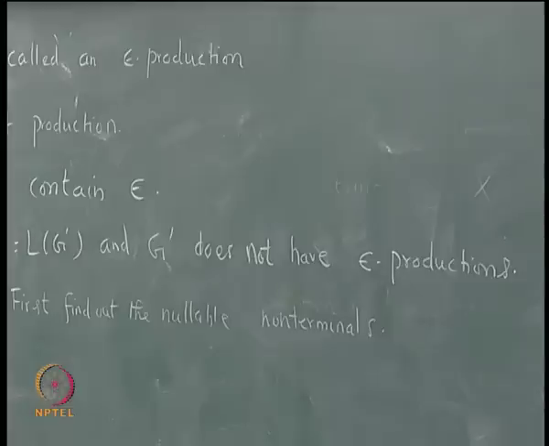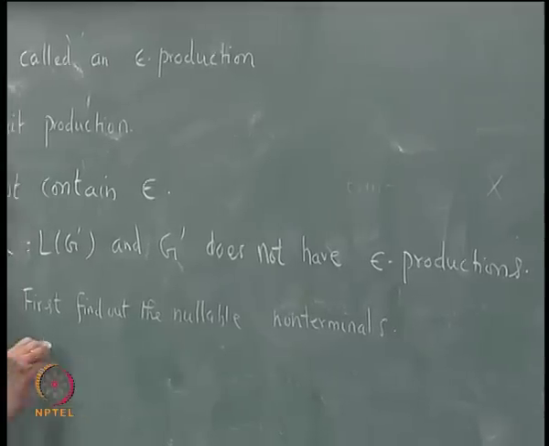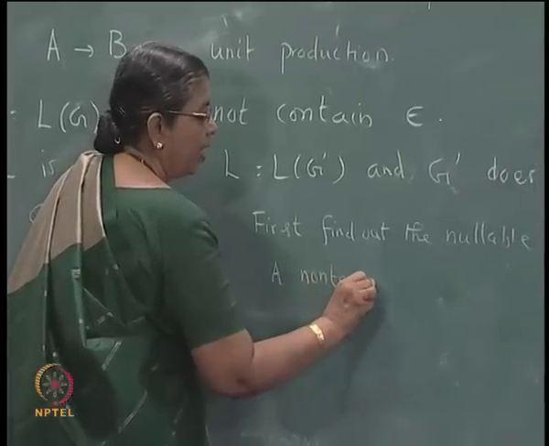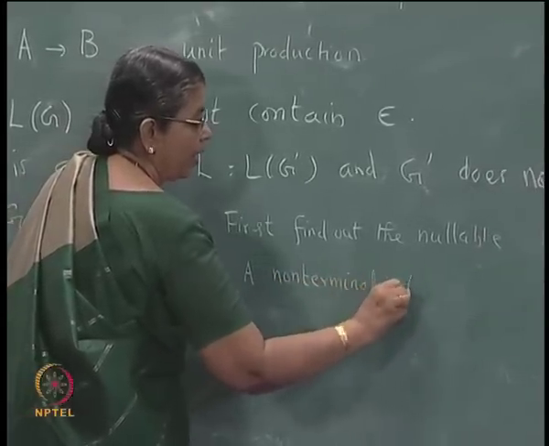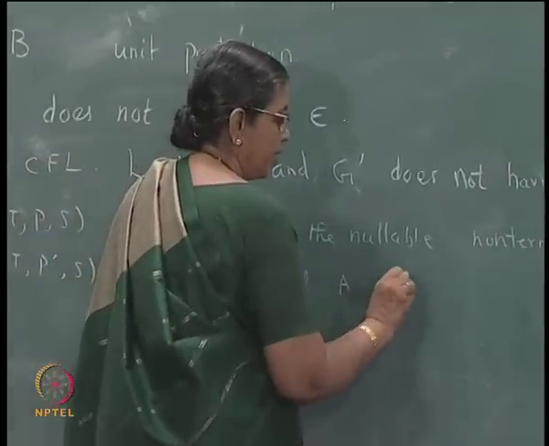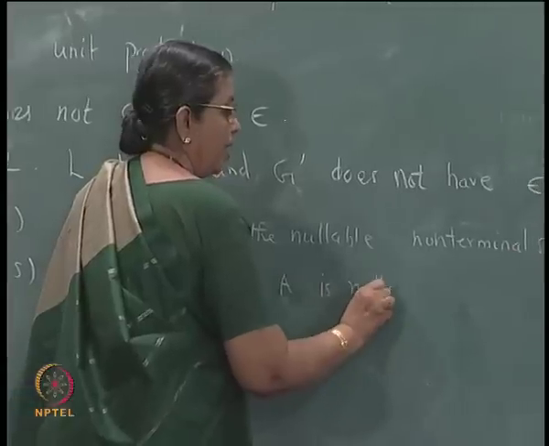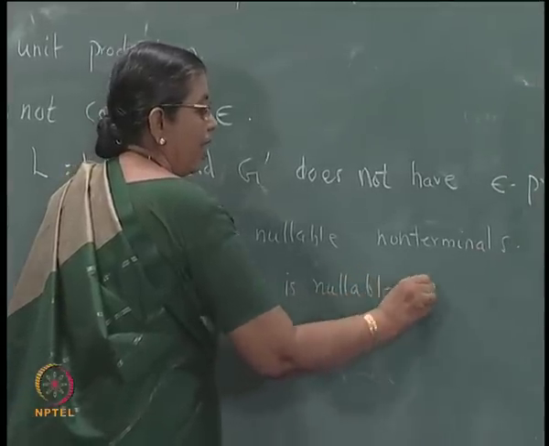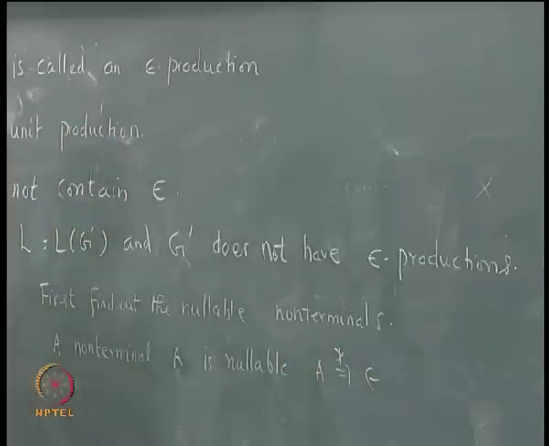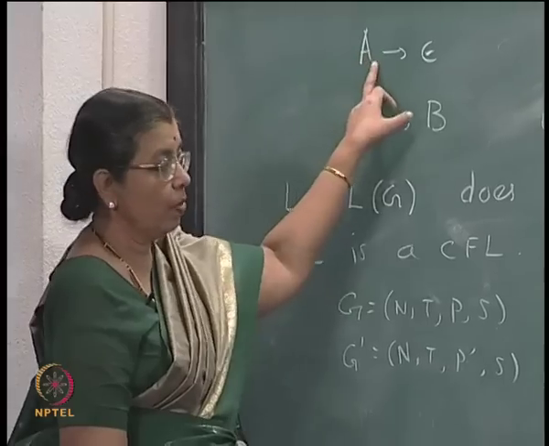What is a nullable non-terminal? A non-terminal A is said to be nullable if it is possible to derive epsilon from that non-terminal. There is a difference between considering this rule and that.